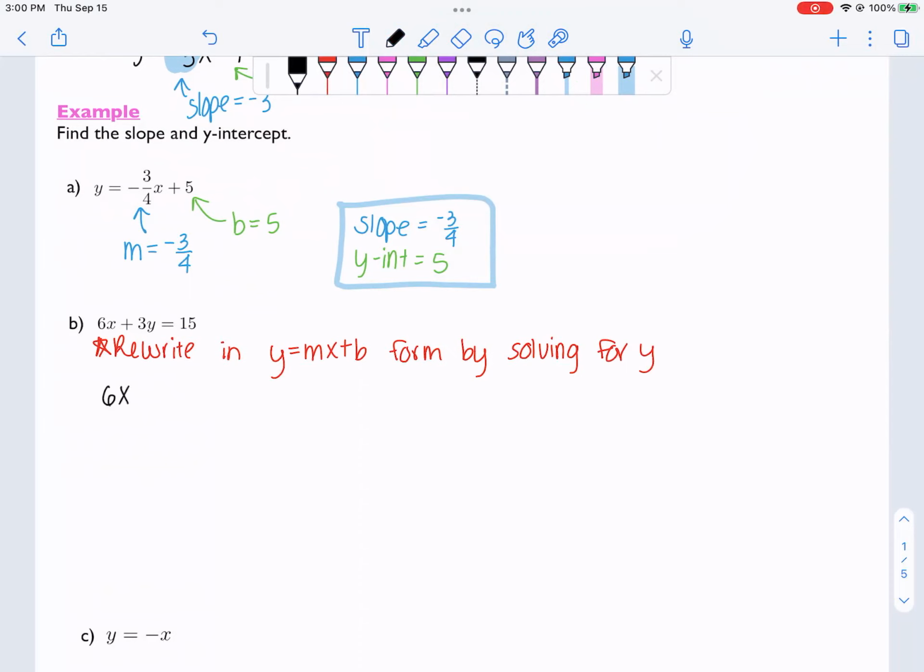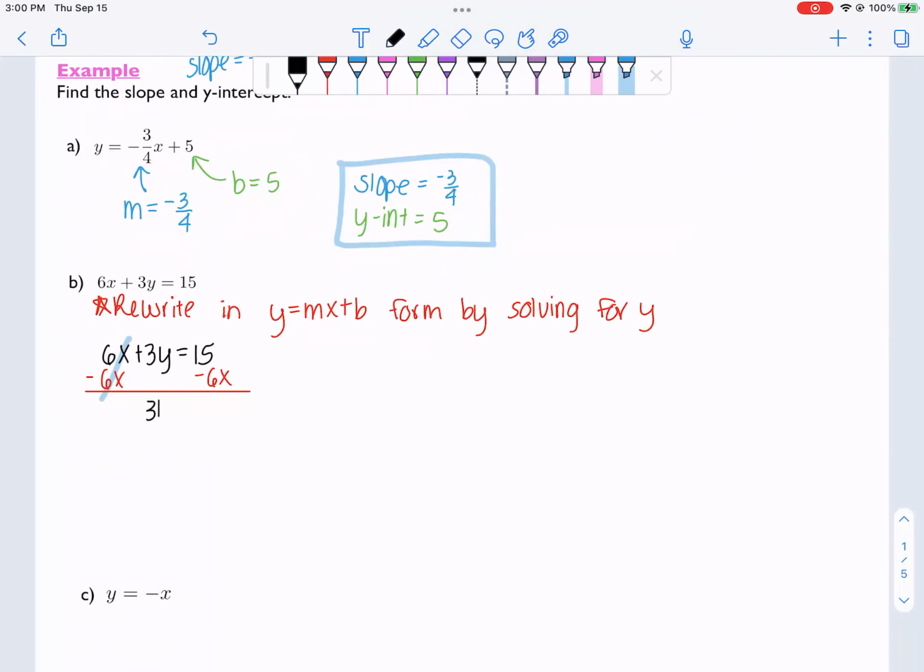So we have 6x plus 3y equals 15. I want to get the y by itself. So I am going to start by subtracting 6x on both sides. These cancel. I get 3y is equal to negative 6x plus 15.